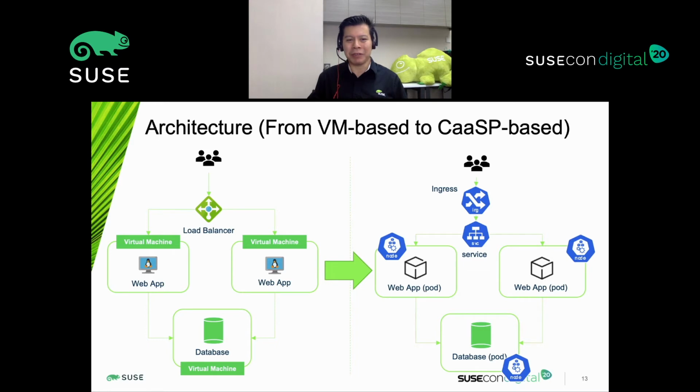For example, you used to host your application in the VM, but now when it's containerized, it will be using a pod. Likewise, to direct the traffic, in the VM you use the load balancer, but in Kubernetes, you use service and ingress to do it. So let's take a deeper look at how this app hosting environment looks like in Kubernetes or CaaS.